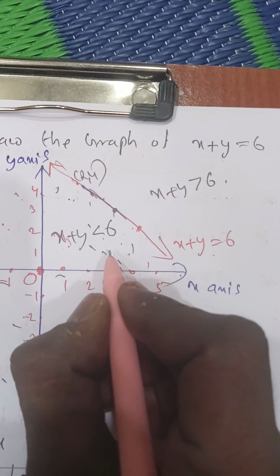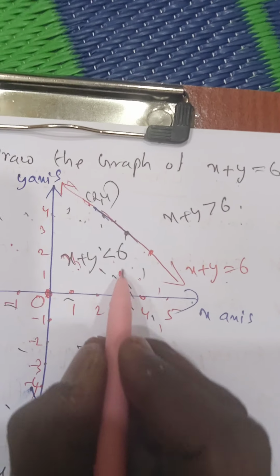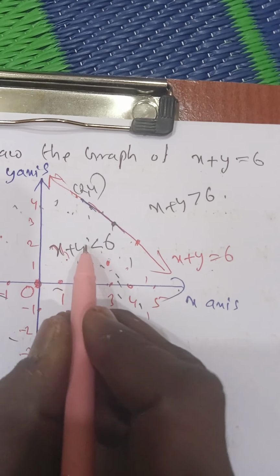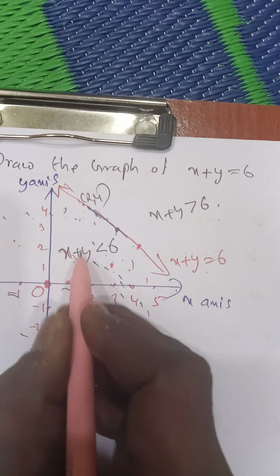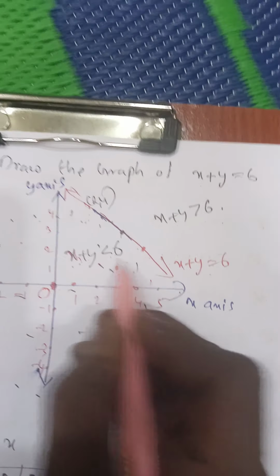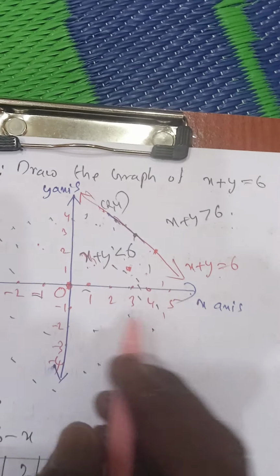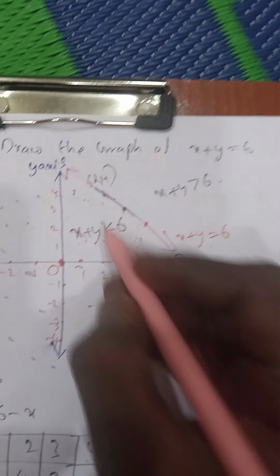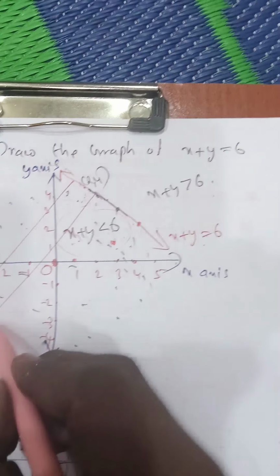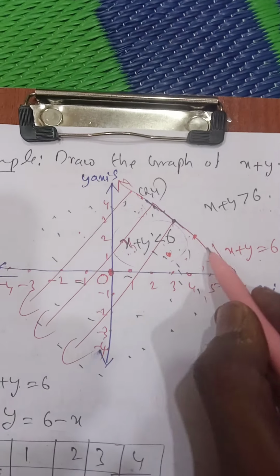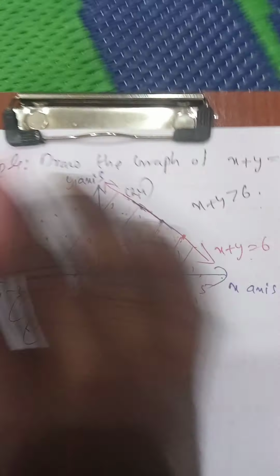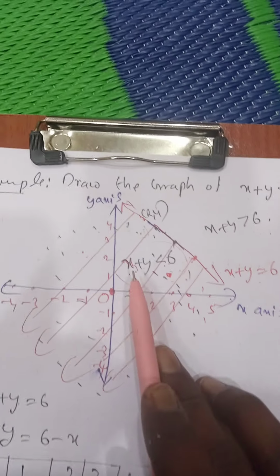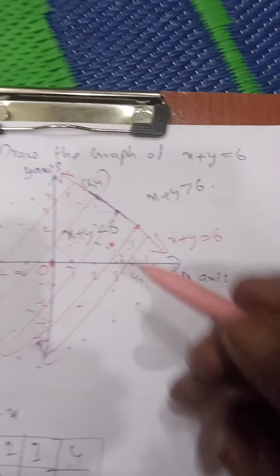For example, if I take the point (3, 1), then in place of x 3 and y 1, 3 plus 1 is 4, which is less than 6. That means (3, 1) is also one of the solutions of this linear inequation. Whenever you want to draw the graph of a linear inequation, you need to keep the arrow marks like this. So this half plane will represent x plus y less than 6.